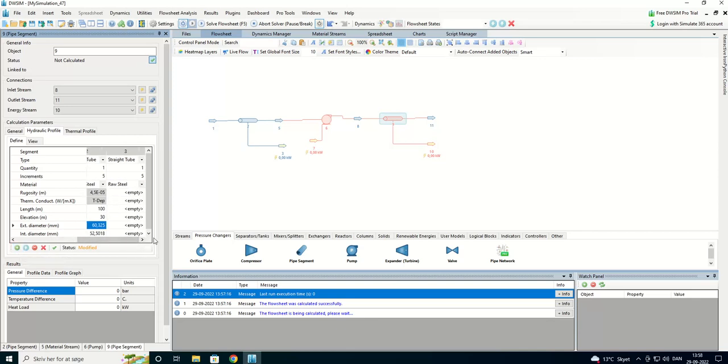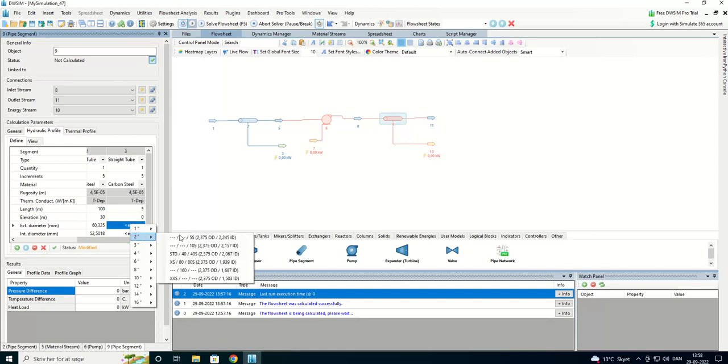We have the 5 meters, and 0 meters in elevation.